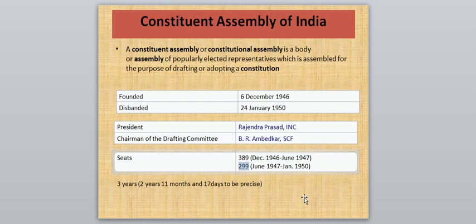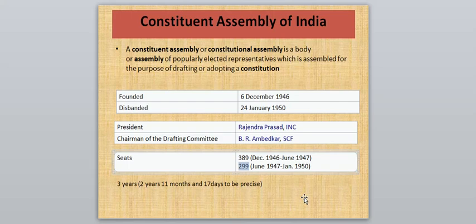First, the Constituent Assembly of India and Pakistan was one assembly, with around 389 seats till June 1947. After June 1947, they partitioned and each had its own constituent assembly, and we came down to 299 members, from June 1947 till January 1950.